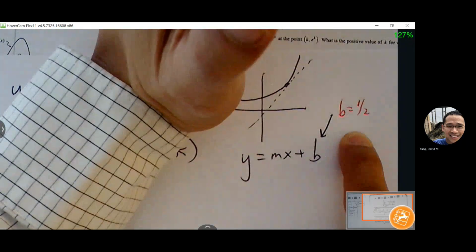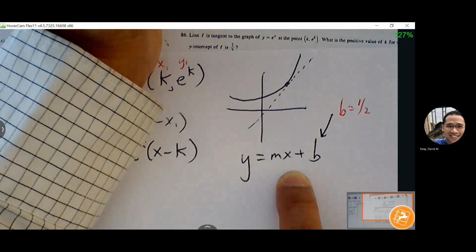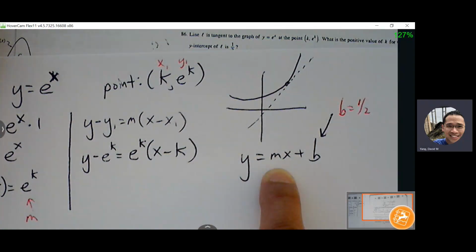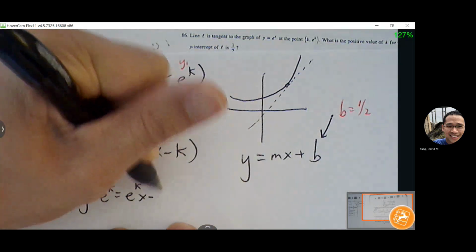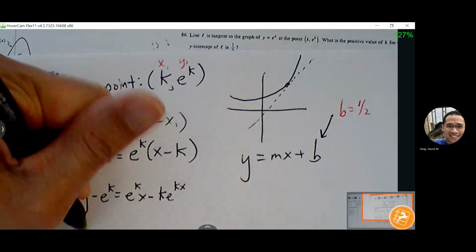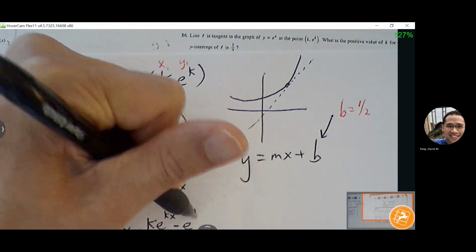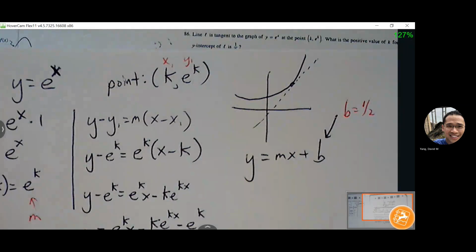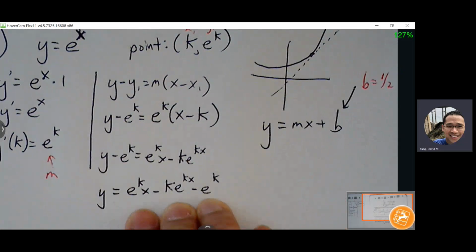So let's see if we can get this into slope-intercept form. I know my slope is e to the k.